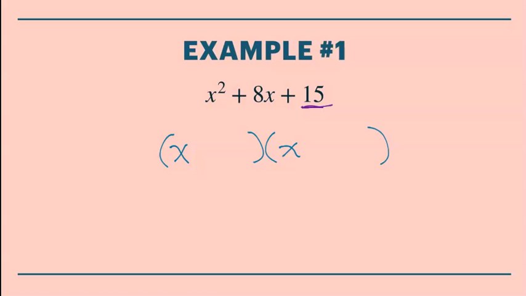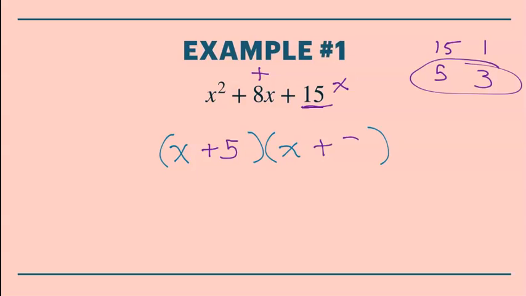What times what is going to be 15? And we either have 15 and 1 or 5 and 3. And I need this, whatever pair I choose here, to add up to this middle term. So we want what multiplies to 15 and what adds to 8. All right, so the thing that adds to 8 here is this 5 and 3. So we're going to do plus 5 and plus 3.